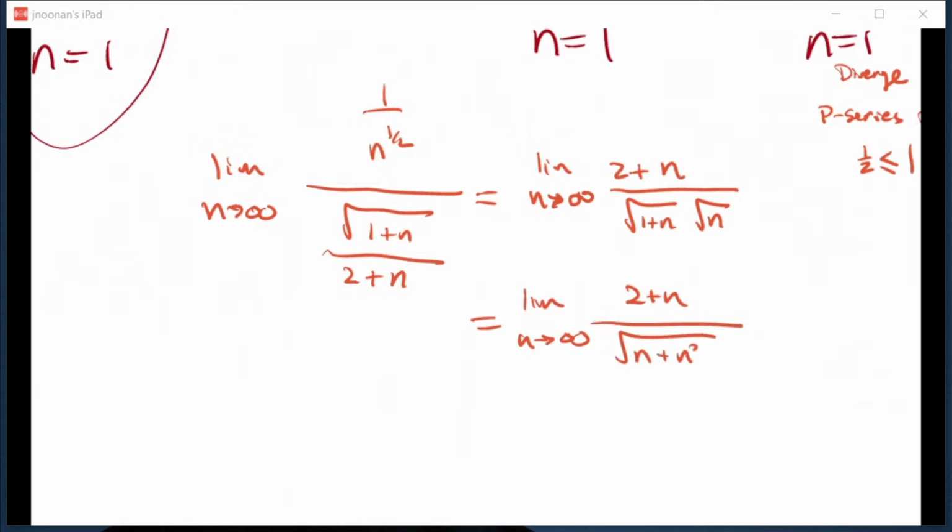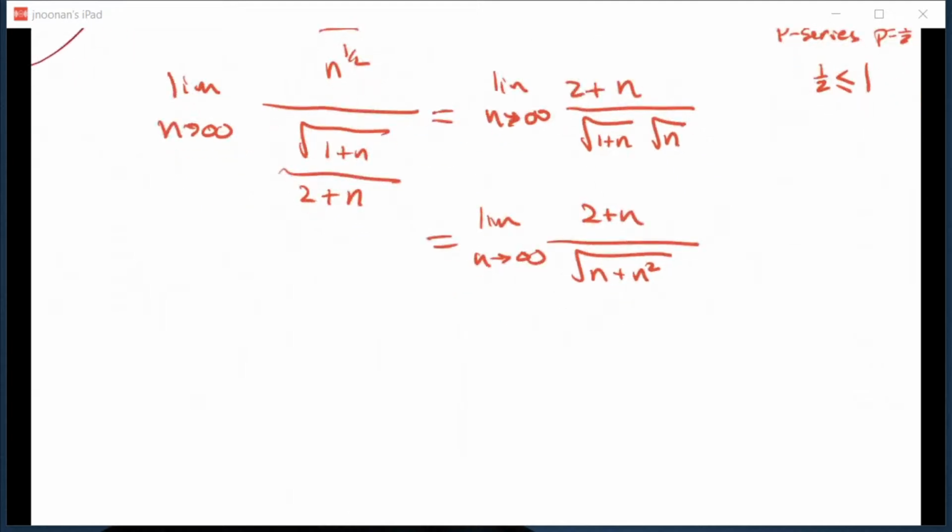N plus n squared. Okay, so now at this stage, we're doing a limit as n approaches infinity. You can use whatever trick you want to use. I'm going to use the trick that was taught to us by this textbook. This textbook says you take whatever the biggest power is, which here is this n squared, but notice that it is under a radical, so it's actually n, and divide everything by n.